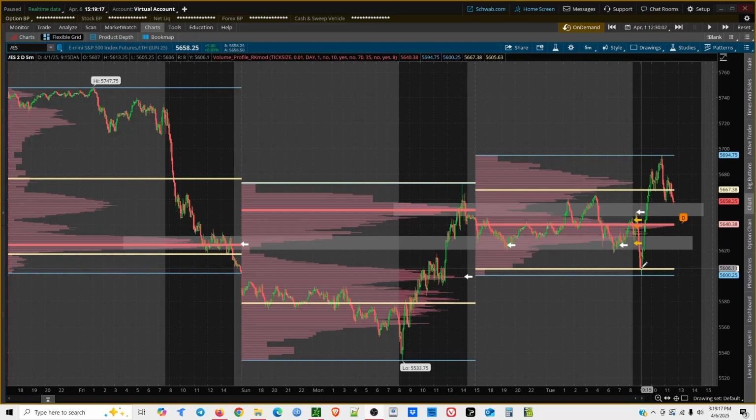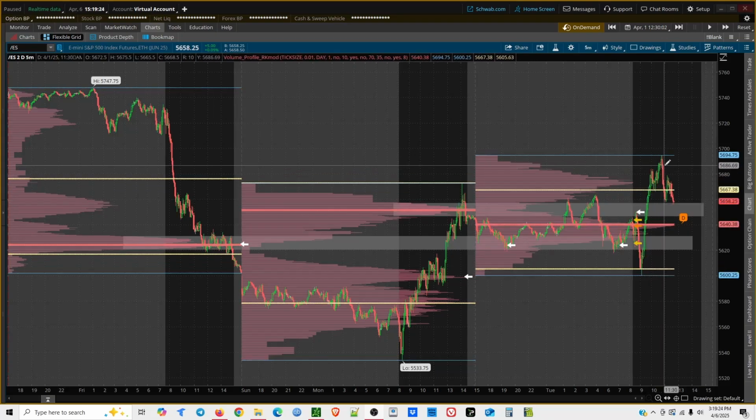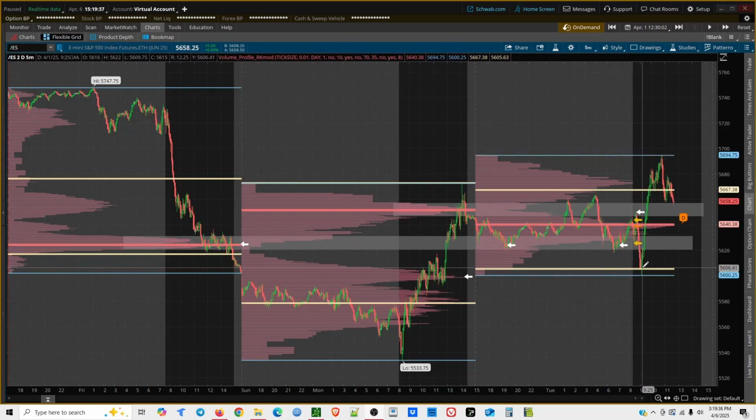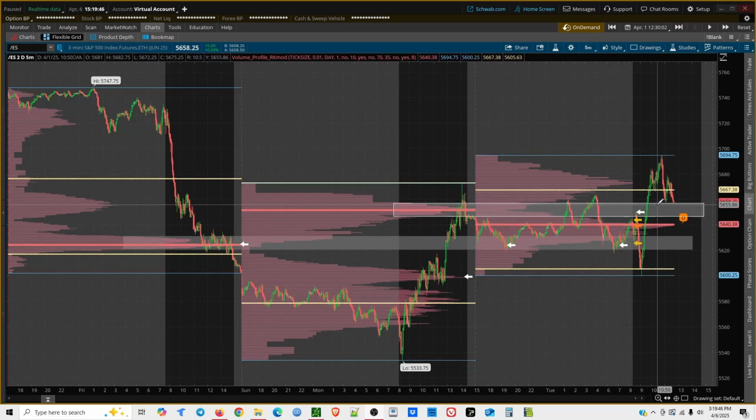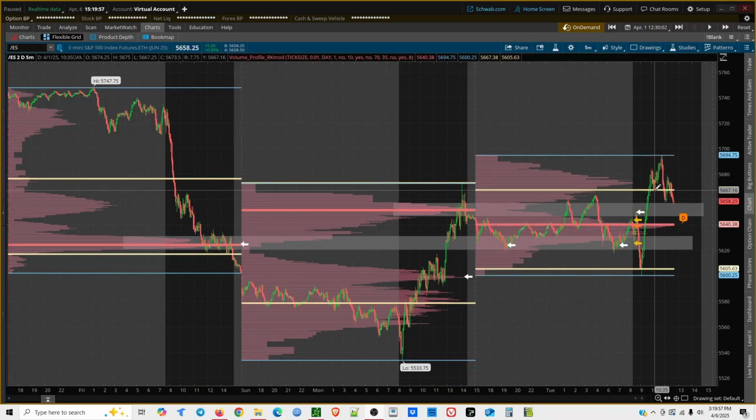What I mean by that is that at different times during the day, you'll see price interacting with value area high and value area low, and they will either act as support, where a bounce could happen, or a rejection might happen, which did not happen here. But once value area high is blown through, then value area high very, very often acts as new support.